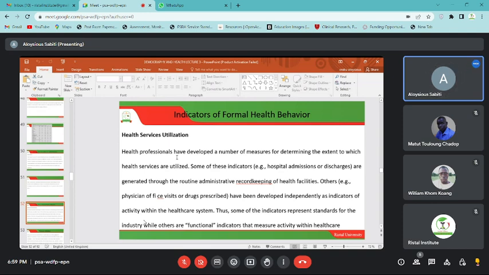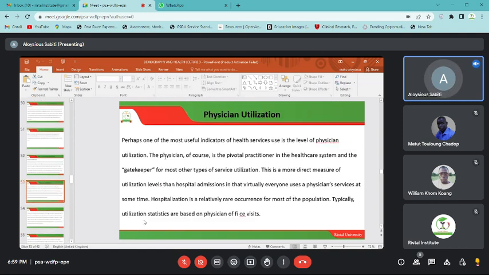Some of the indicators represent standards for the industry for the formal health sector, while others are functional indicators that measure activity within healthcare.